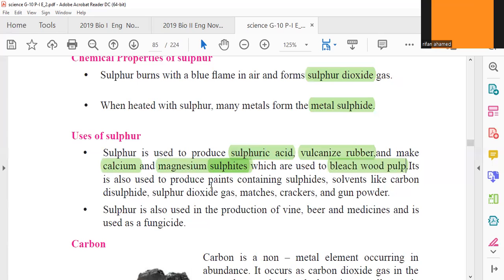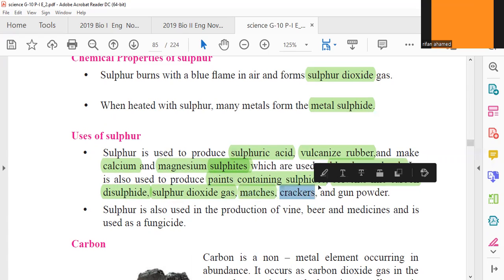Further, sulfur is used to make paints containing sulfides. Sulfur is used to make solvents like carbon disulfide. Sulfur is used to make the gas called sulfur dioxide. Remember, sulfur dioxide is used to make sulfuric acid. From sulfur, we are making matches, matchsticks, and crackers.